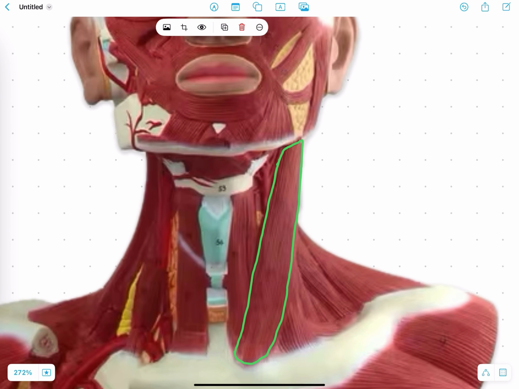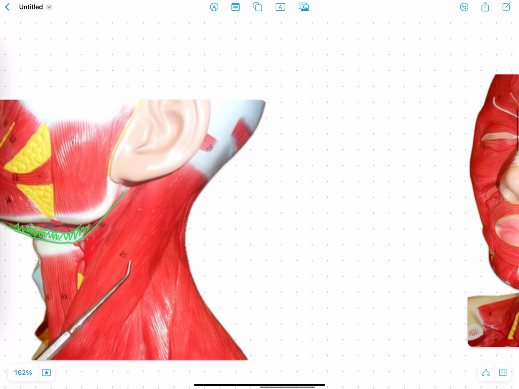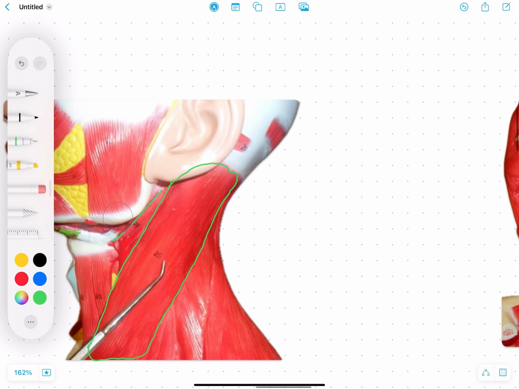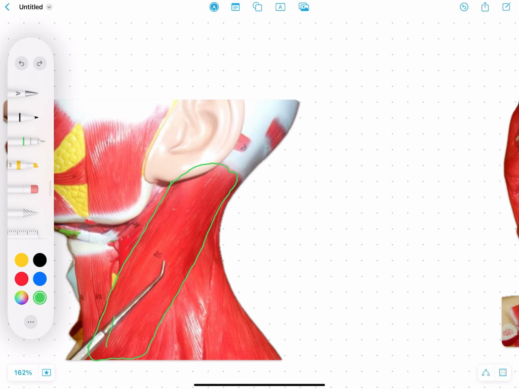So it's going to originate, actually, let's see if I can find a better view of its origin. Here we go. This is a lateral view of that sternocleidomastoid muscle. Let's go ahead and erase the digastric. Let's follow the fibers. So this structure right here would be your sternocleidomastoid.